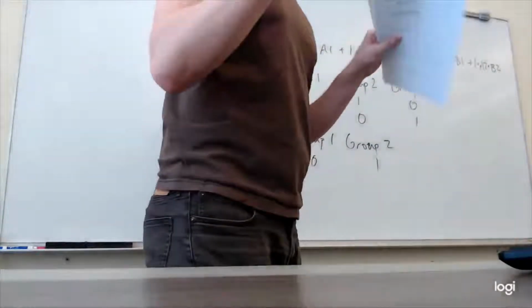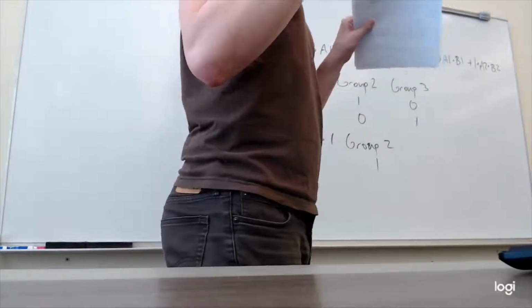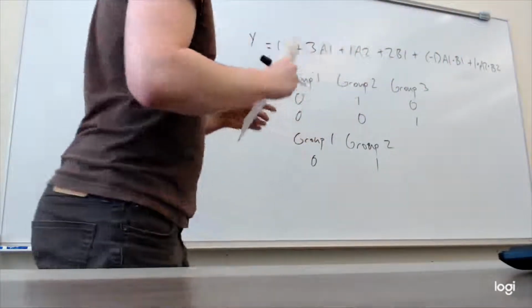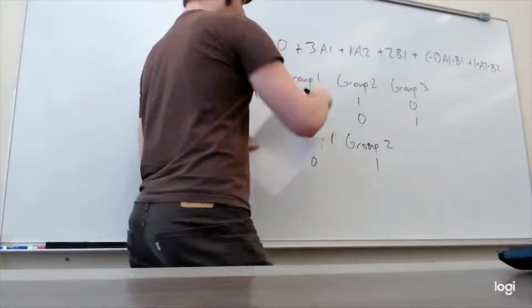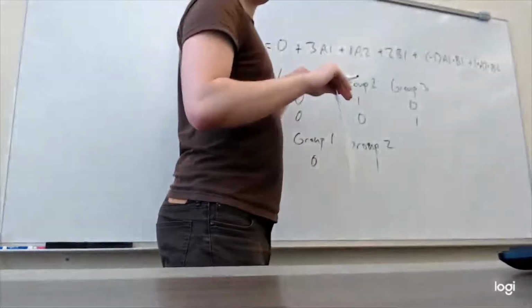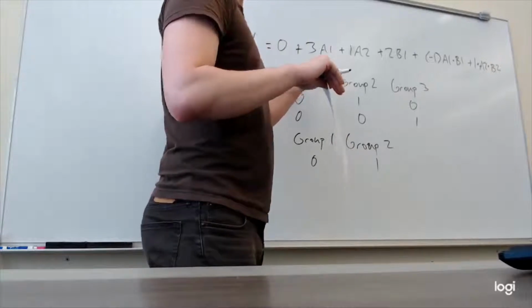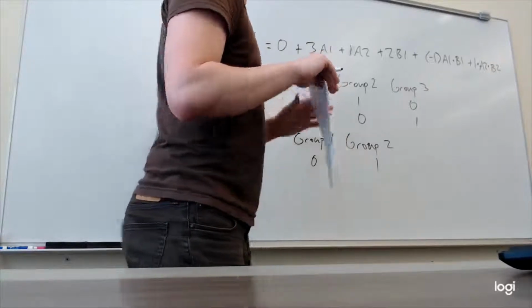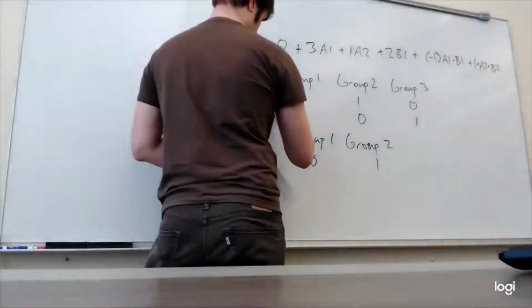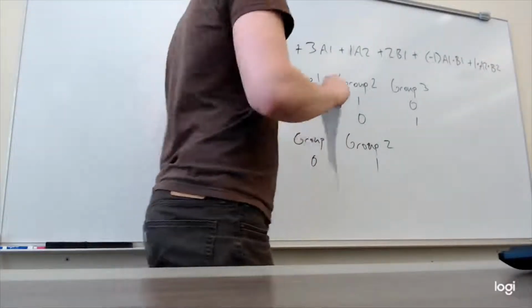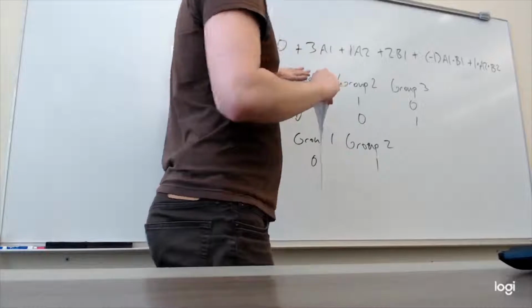Okay, first things first, let's figure out what these contrasts are doing. Let's look at A1 here. What operation does contrast A1 represent? Is it group 1 versus group 2? Cool. Perfect. How about A2?